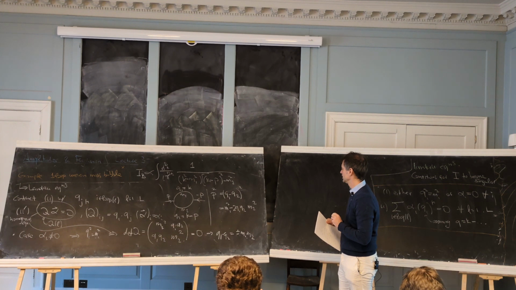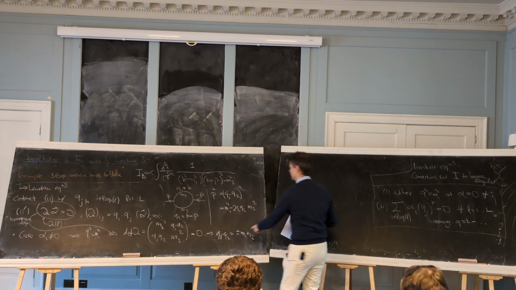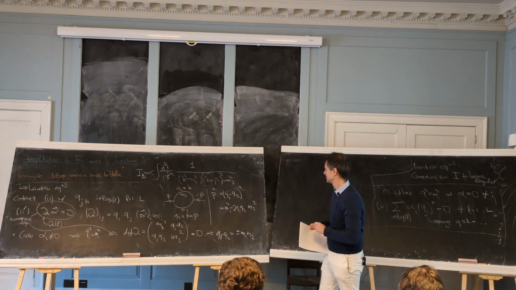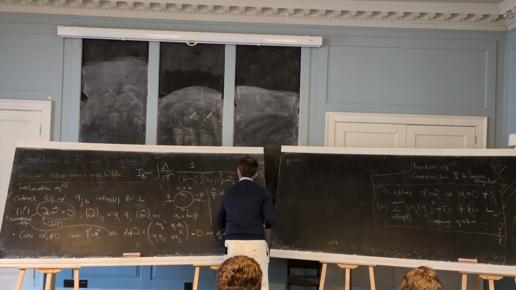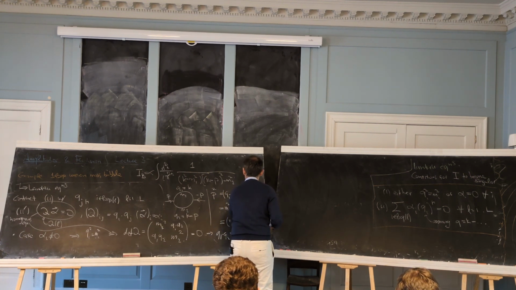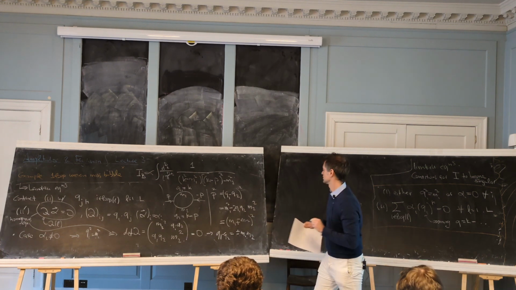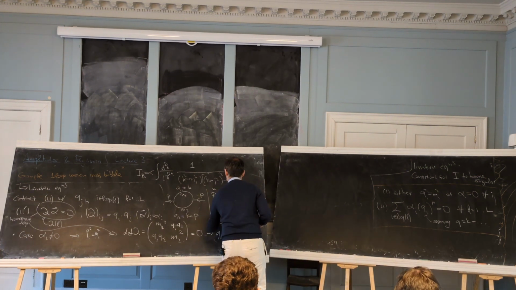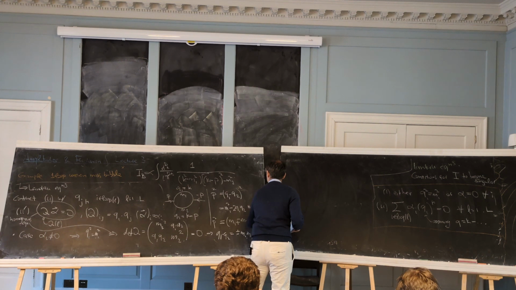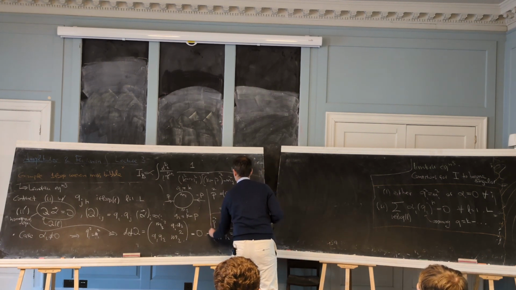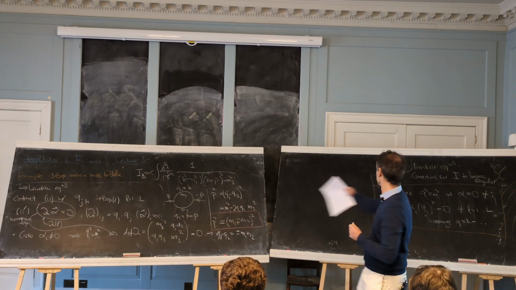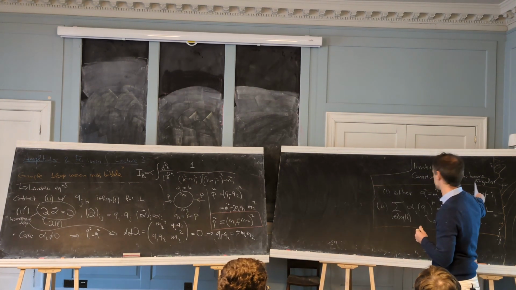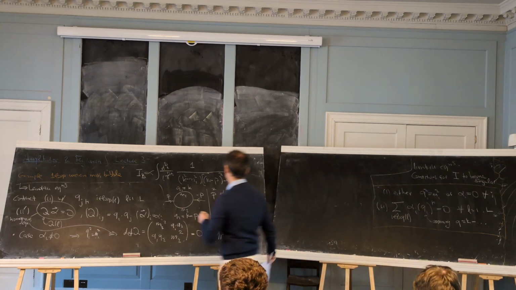If we plug this in over here, we find that P squared is (m1 plus or minus m2) squared.